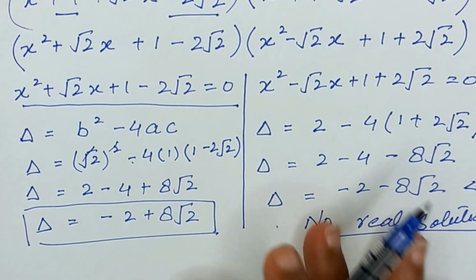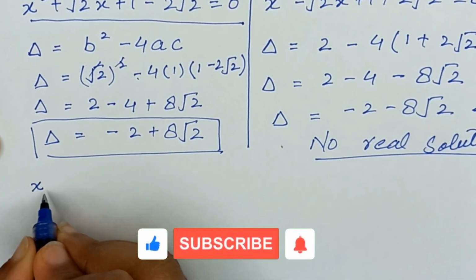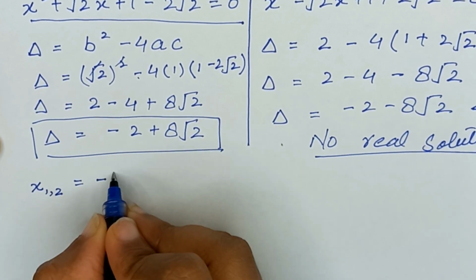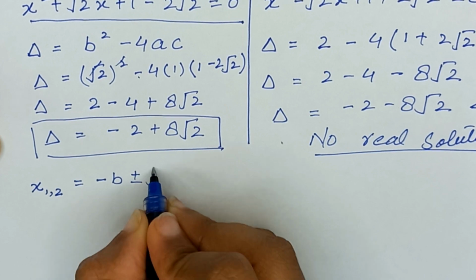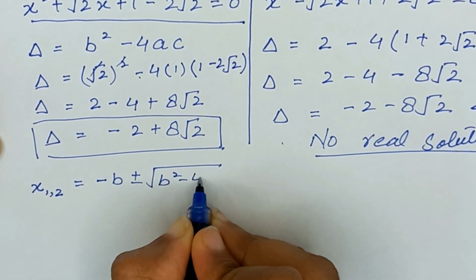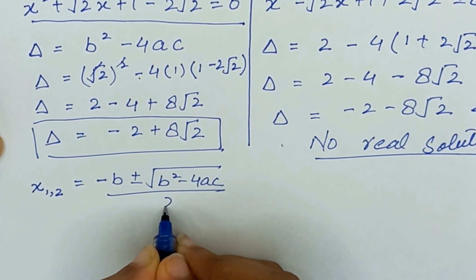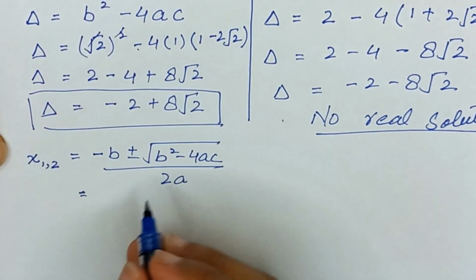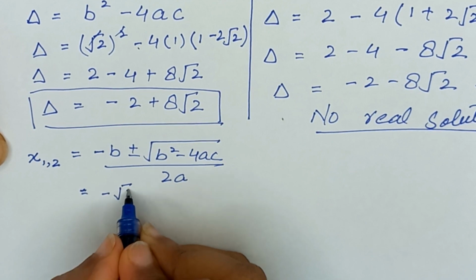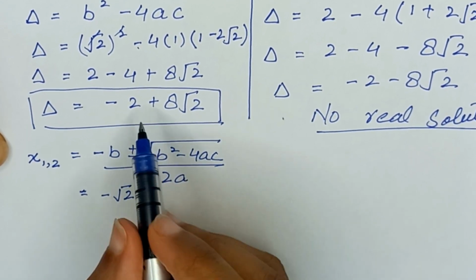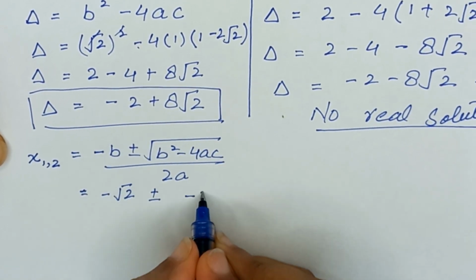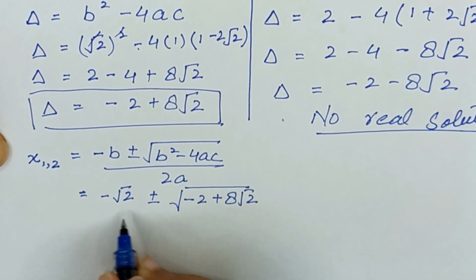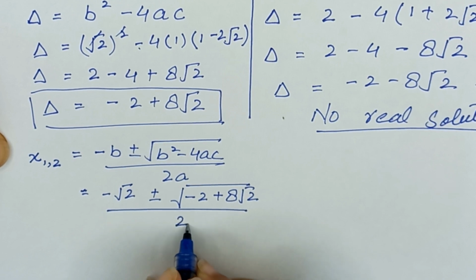So from here the values of x will be x1 and x2, negative b plus minus square root of b square minus 4ac divided by 2a. So negative b means negative square root of 2 plus minus, b square minus 4ac is negative 2 plus 8 square root of 2 and its square root, divided by 2 times 1 will be 2.